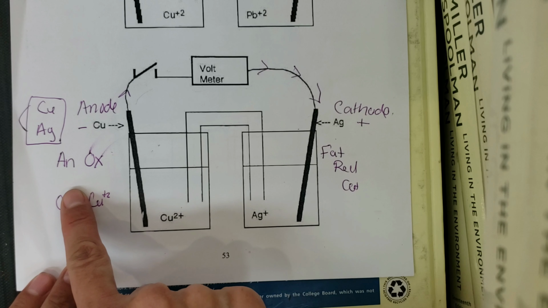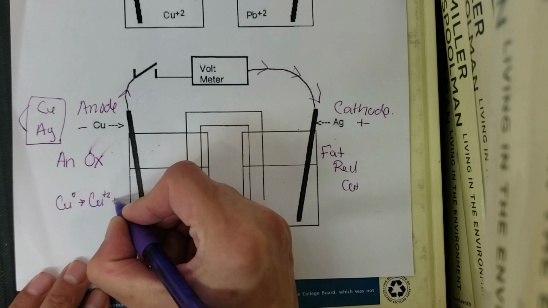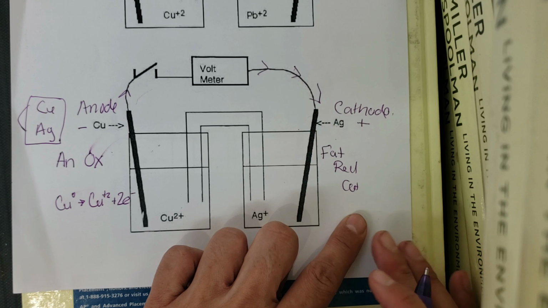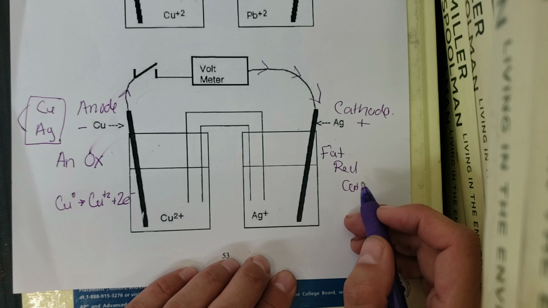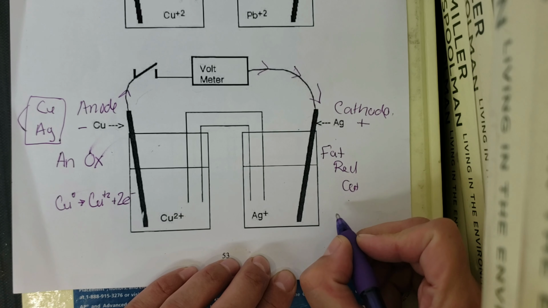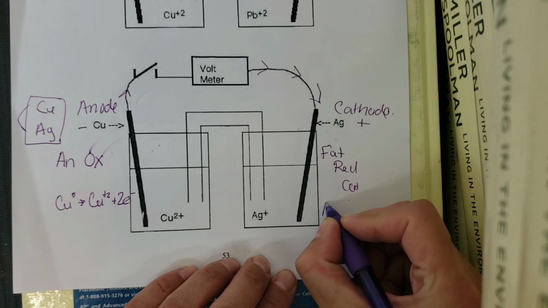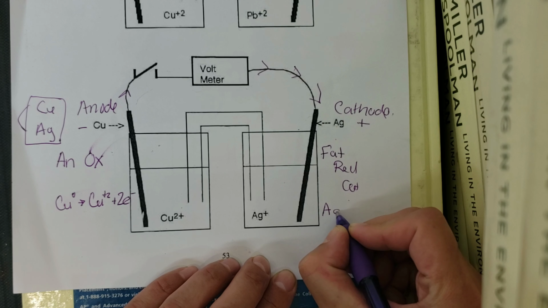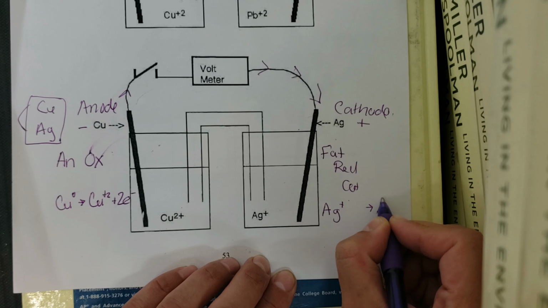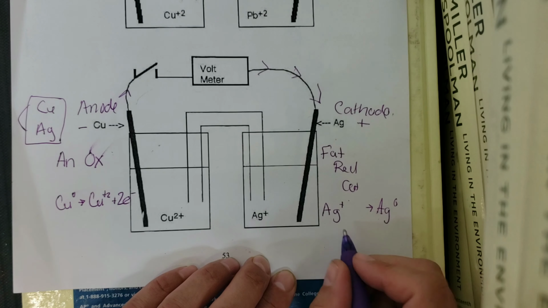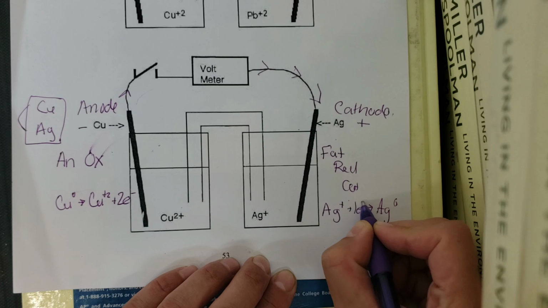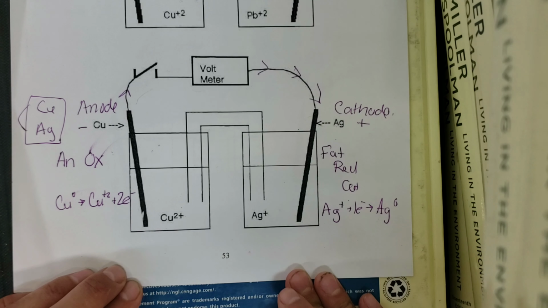I need 2 electrons on the most positive side, or the product side. And now for the silver, to write its reduction half reaction, I need to have the charge reduced. So it's going to go from silver ion to the silver atom. And then I have to add the electrons to the most positive side. So I'll place them here.